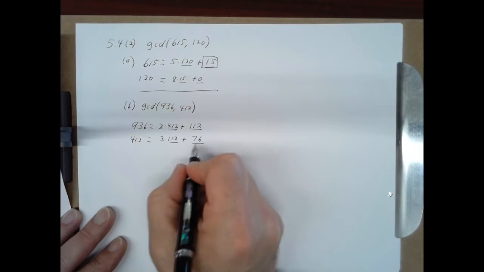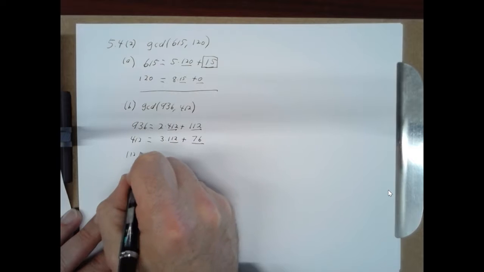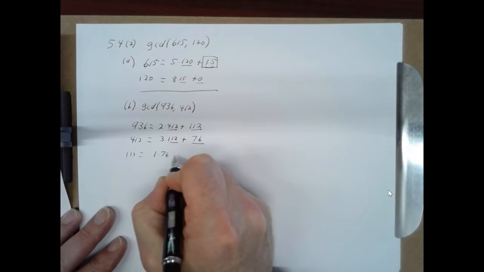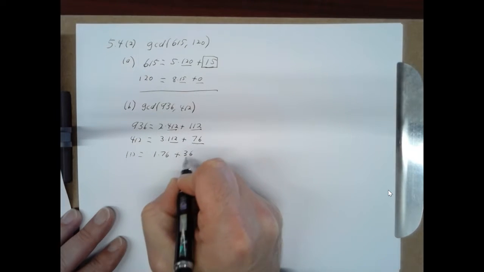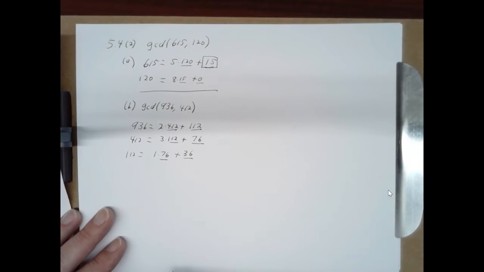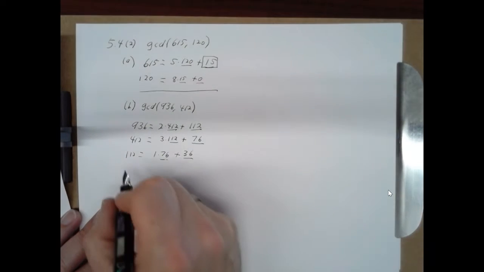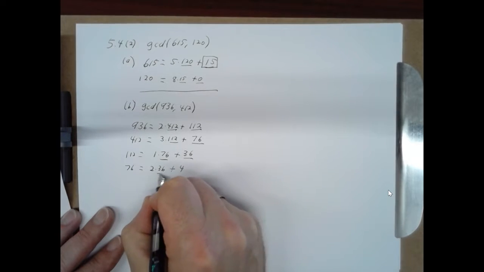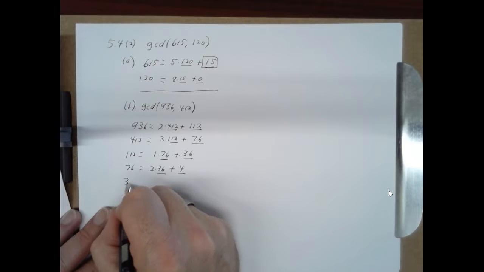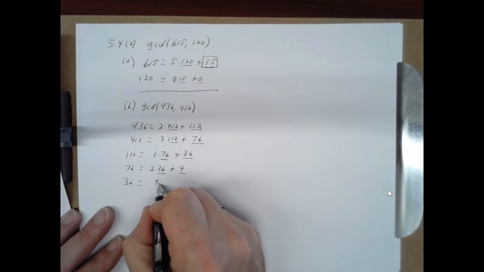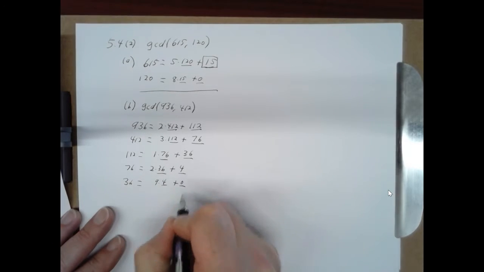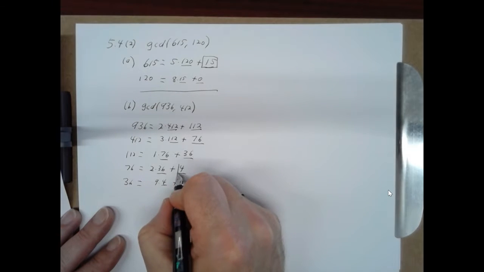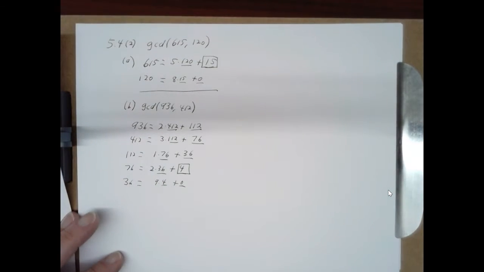So take the smaller number and the remainder. 112 equals 1 times 76 plus 36. And just keep going till you get down to 0. So 76 equals 2 times 36 is 72 plus 4. 36 equals 9 times 4 plus 0. Once you get down to a 0, the previous remainder is your GCD.